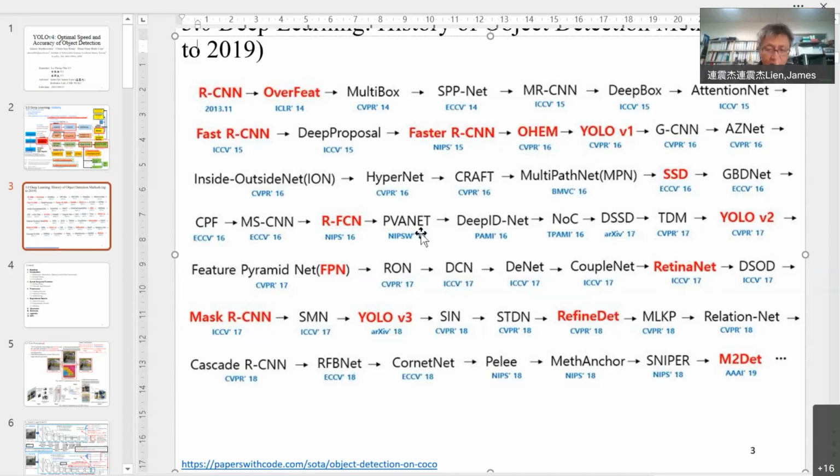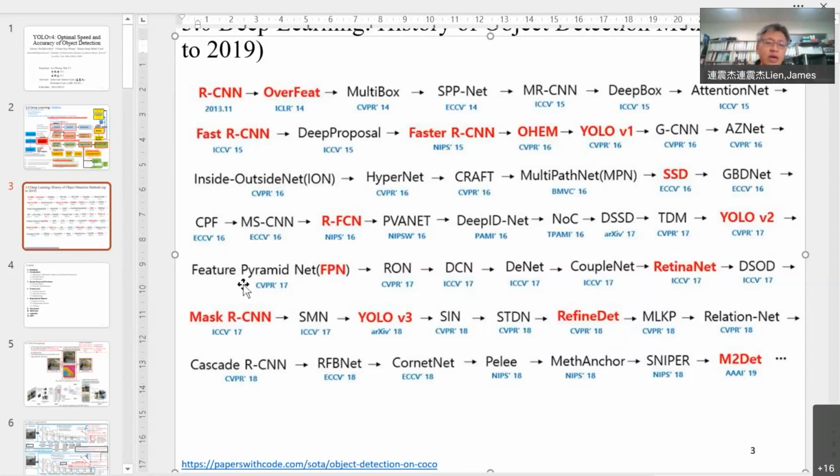But one important one is the feature pyramid network here. You already have a region proposal network. Now, don't confuse the region proposal network with the feature pyramid network. They don't have any relationship.